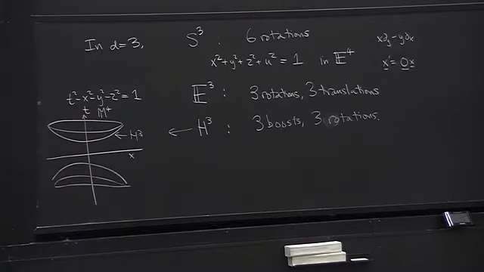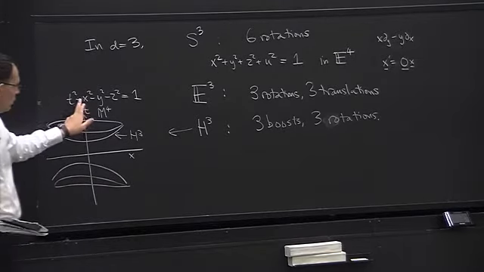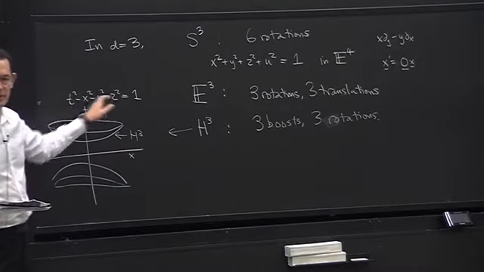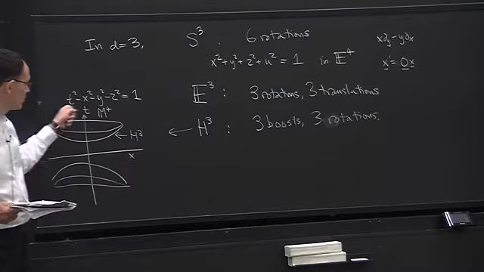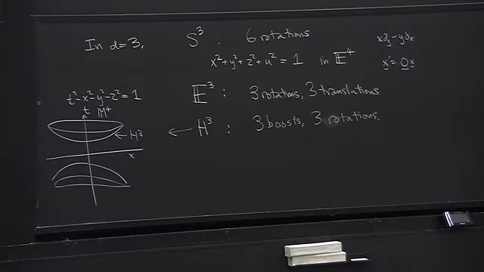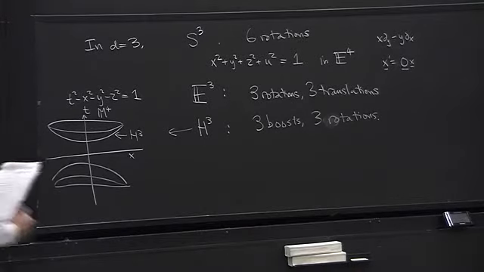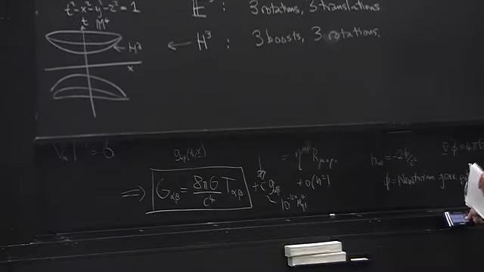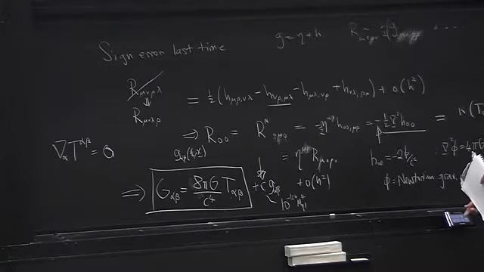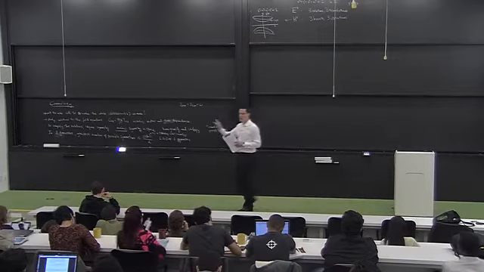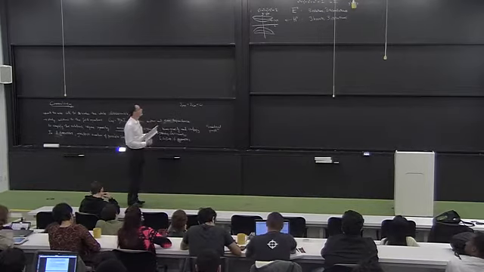And within this Minkowski space, I can do 3 ordinary rotations, or I can do 3 transformations linking t with x. And those are Lorentz transformations in 4-dimensional Minkowski space. And they're guaranteed to leave you on the hyperboloid. So they are isometries of the hyperboloid. Okay, so that's all there is in 3 dimensions. In 3 dimensions, that exhausts the list of spaces with maximal symmetry.